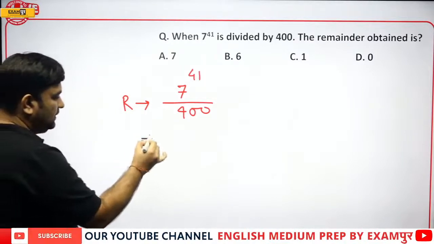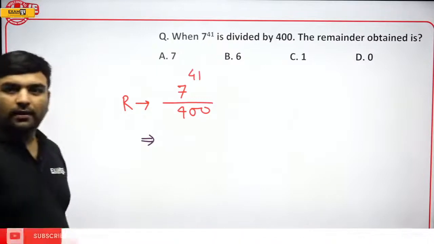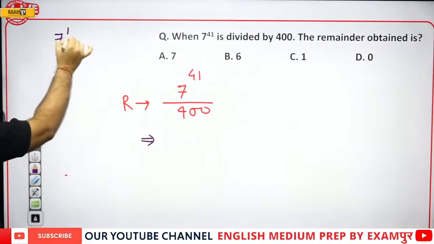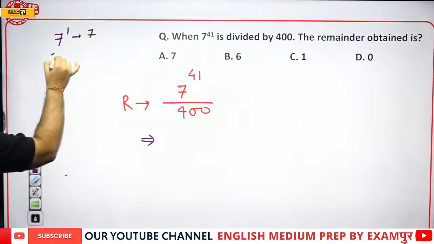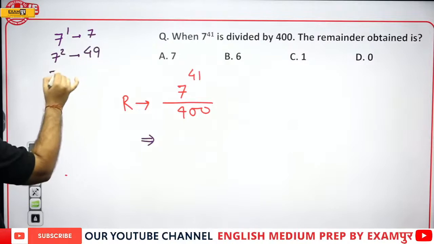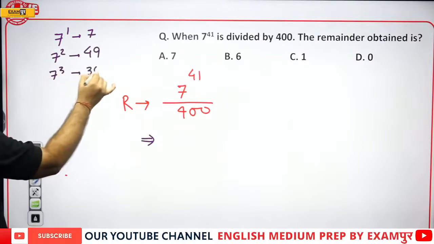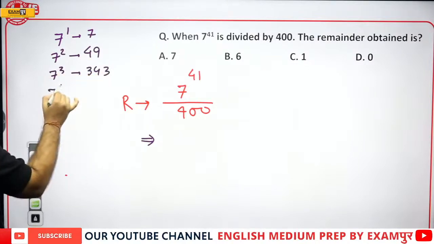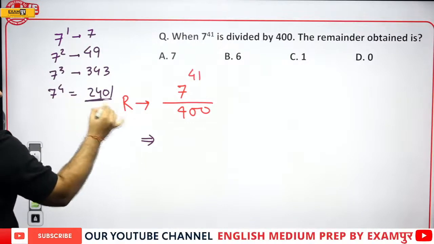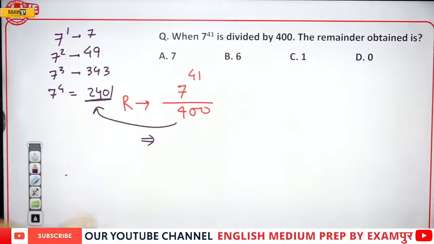If you have ever observed, guys, 7 to the power 1 is 7, 7 squared is 49, 7 cubed is 343, and 7 to the power 4 is 2401. So this 2401 is a number which gives a remainder of 1.